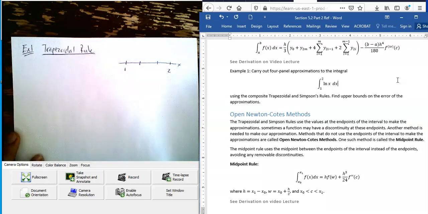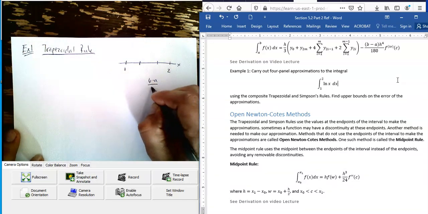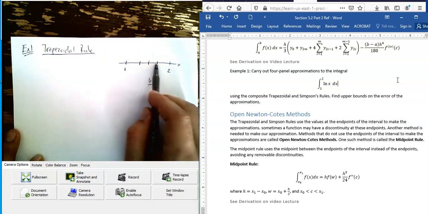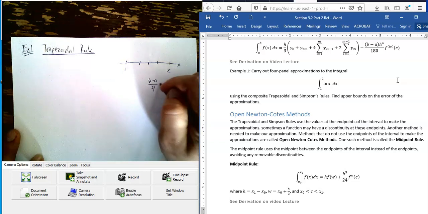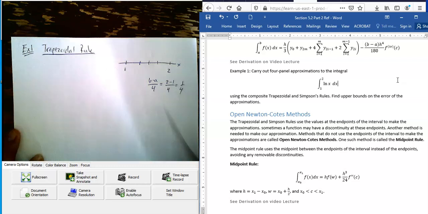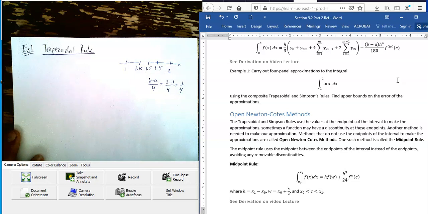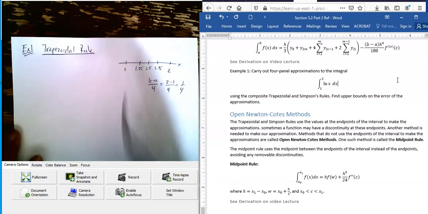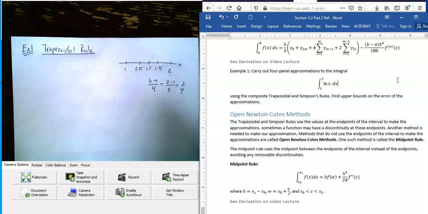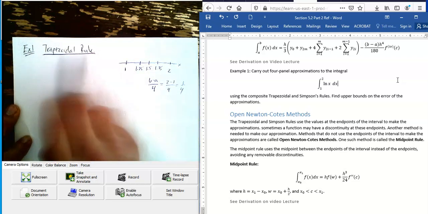So the length of the interval divided by the number of panels, which would be 4, is 2 minus 1 over 4, or 1/4. So we have 1.25, 1.5, 1.75. So you have 4 panels of equal width. So here are our x values that we'll use for our trapezoidal rule.